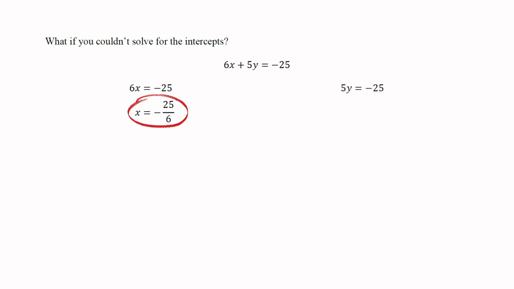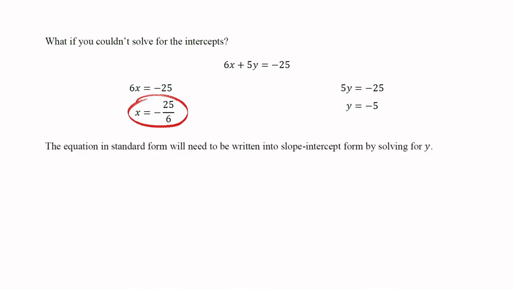Now, it does turn out if you solve for your y-intercept by making x 0, that one does come out nice and clean, but that's only 1 point. We've got a fraction for our x. So the equation in standard form will need to be written into slope-intercept form by solving for y first. Then you can go and plot it using slope-intercept form by finding your slope and your y-intercept.